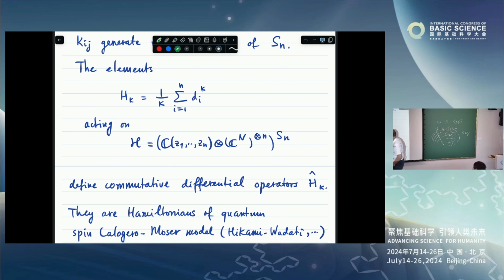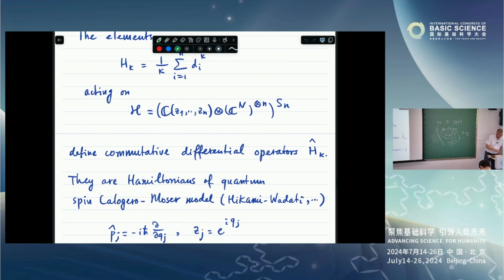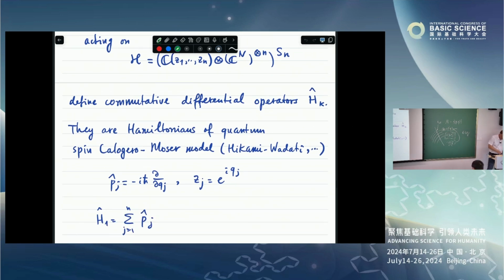We take the tensor product of the space where the Cherednik-Dunkel operators act, multiply it tensorially with this tensor power of an n-dimensional vector space, take the invariant part, and then these operators act naturally on this space. One can take a skew-symmetric part as well, probably any representation, it doesn't matter.